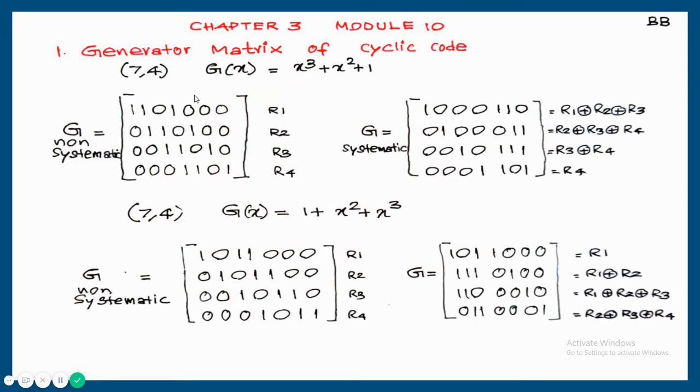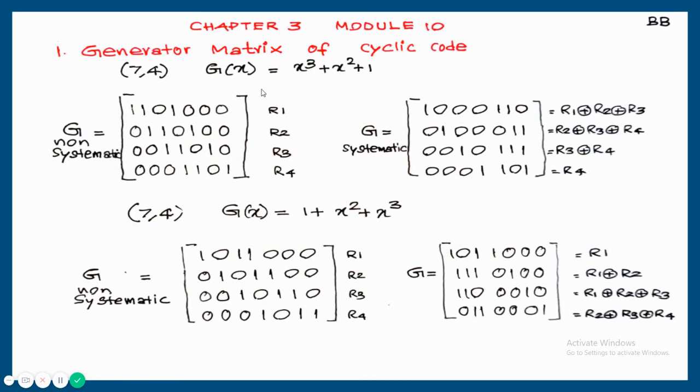Whatever answer we get will be the first row. The reason is, according to the linear block code generation procedure, if the message is 1000, we will select the first row. So in a reverse way, this should be the code of 1000.